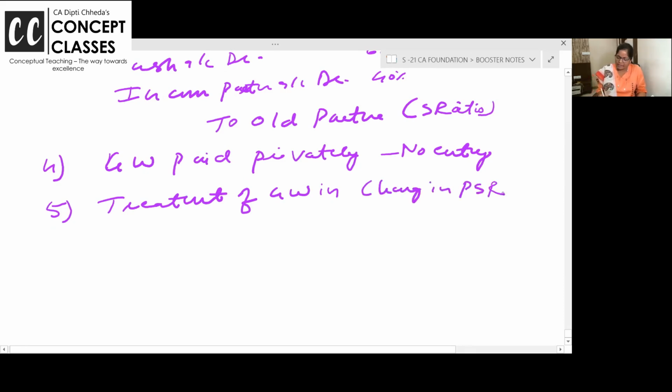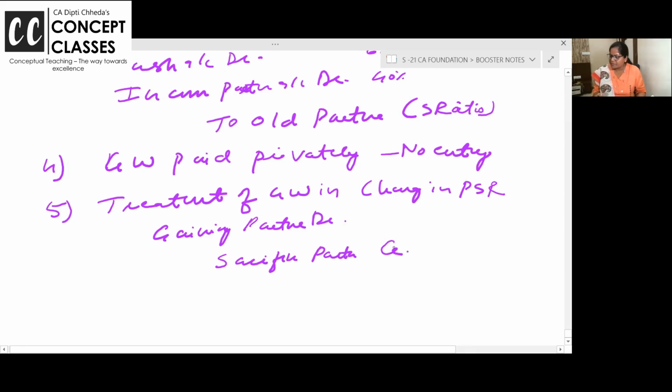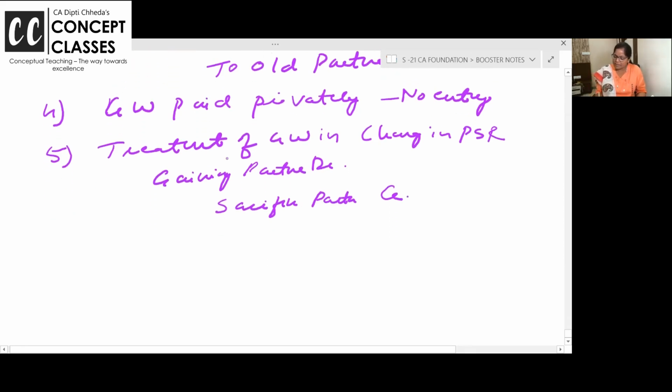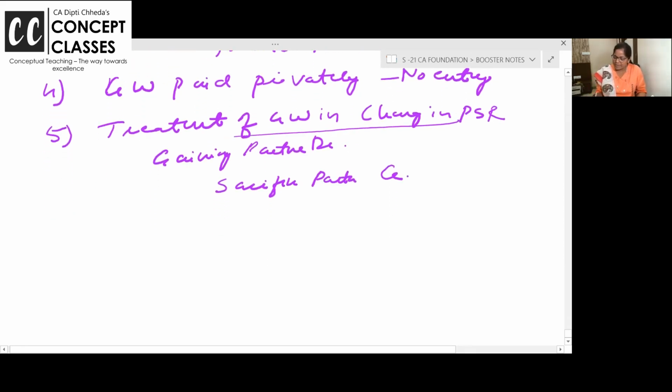Just profit sharing ratio is changing. Gaining partners debit. Sacrificing partners credit. Gaining partners debit, sacrificing partners credit.